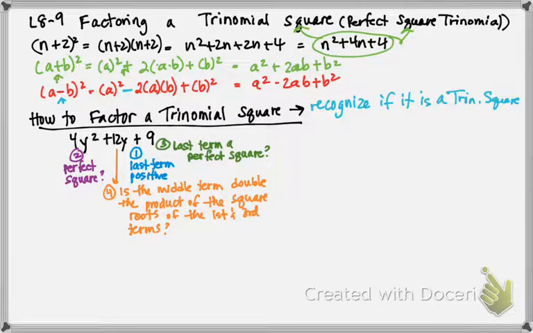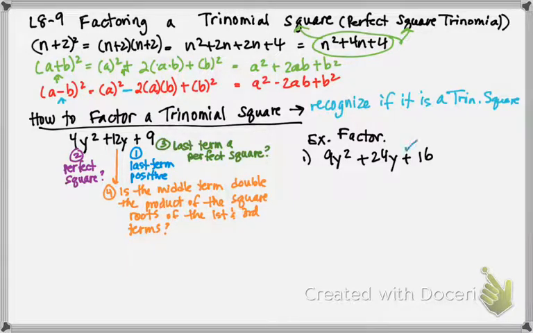Actually, let's go over to this side over here where I have more room. So our directions are going to say factor. So I'm going to count this as 1 because this is the first example on this side. So this is the fast way that I like doing it. Okay, so is my third term, the last term, positive?